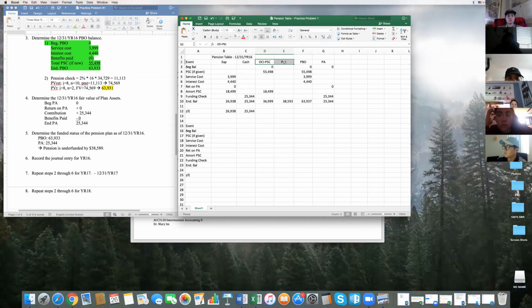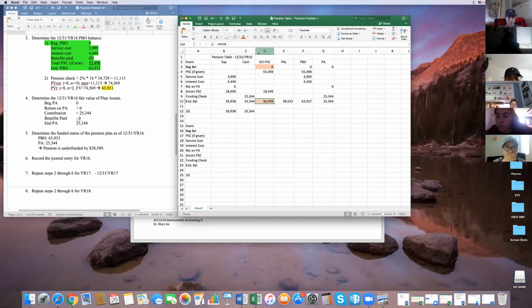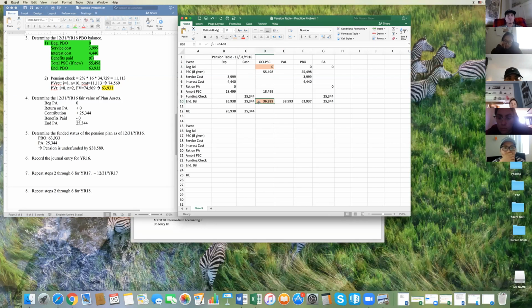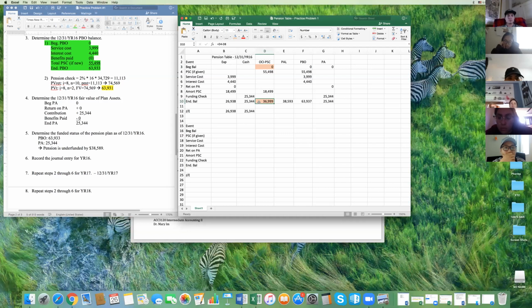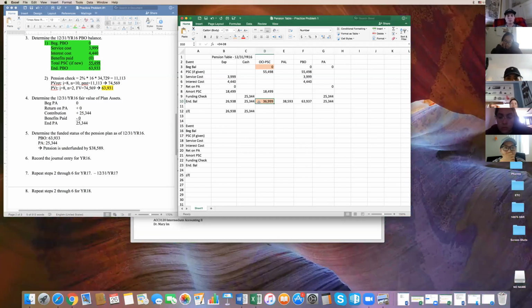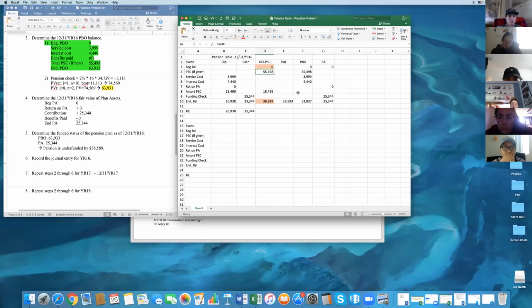Change for the year, then for OCI prior service cost, started with the 0, ended with 36,999. By the way, this 36,999, is that a debit or credit? What was this, 55,498 for OCI, was it a debit or a credit?